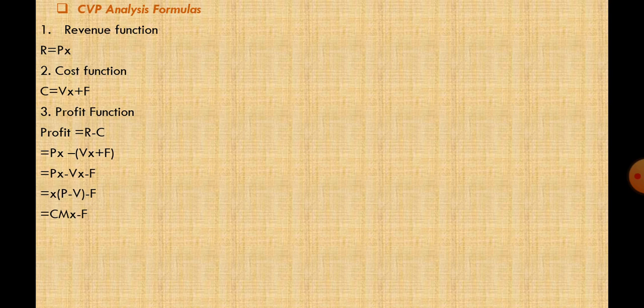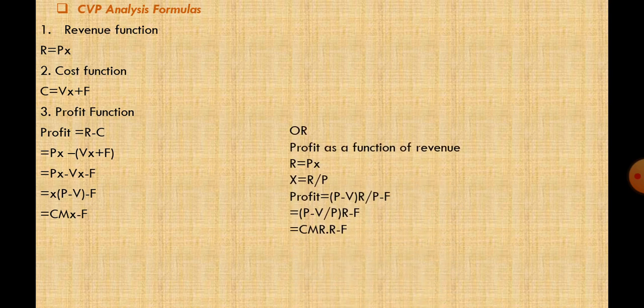What about in terms of shillings? We equate that, and we find that revenue is equivalent to price times units sold. Hence, those units can also be rewritten as revenue divided by the selling price. Once you solve that equation, the profit function can be rewritten in terms of shillings as the contribution margin ratio multiplied by the revenue minus the fixed cost.